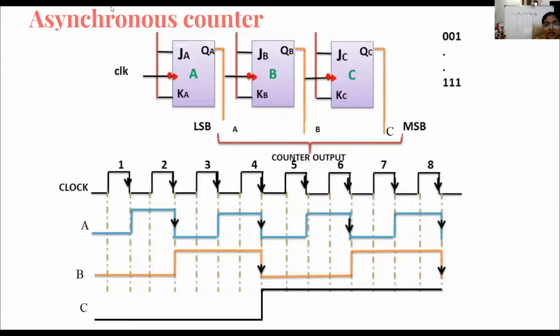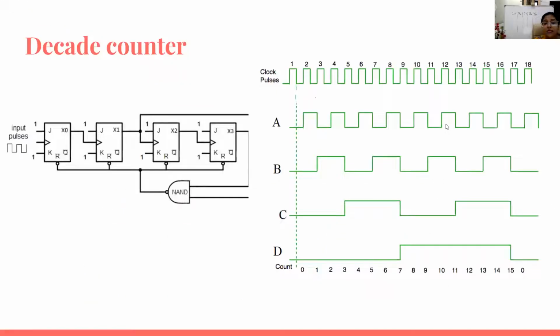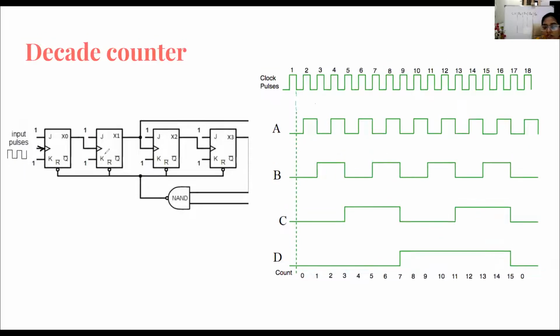What we did yesterday was the decade counter. This is a decade counter, but let us find out whether this is asynchronous or synchronous. The clock pulse is given to the first flip-flop. See the output here, x0. I will consider this as QA. You can name it whatever is given in the textbook, no problem.